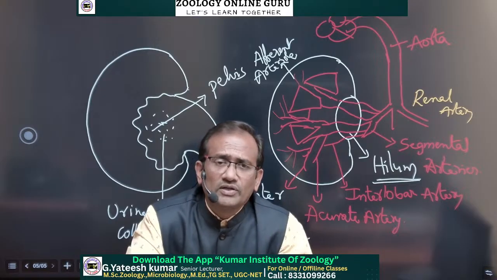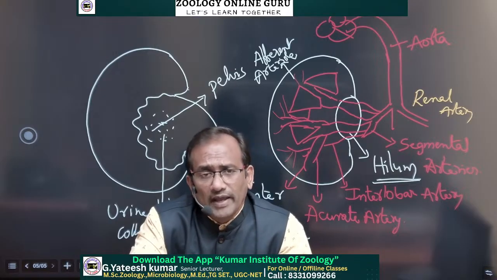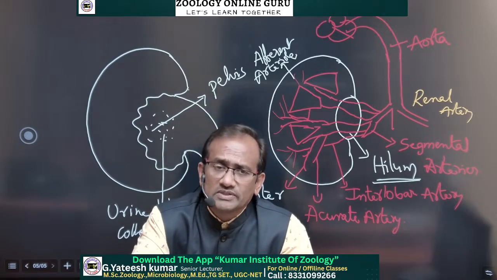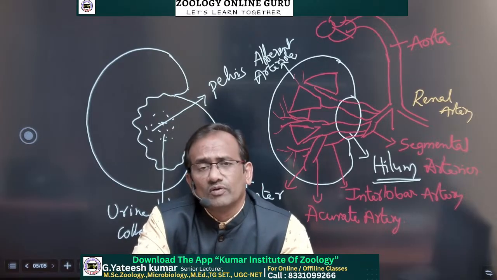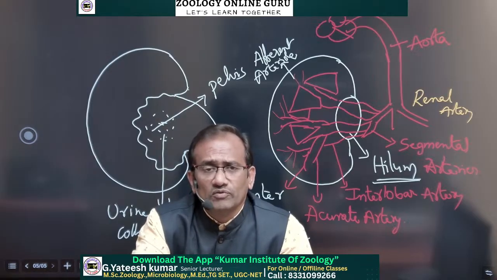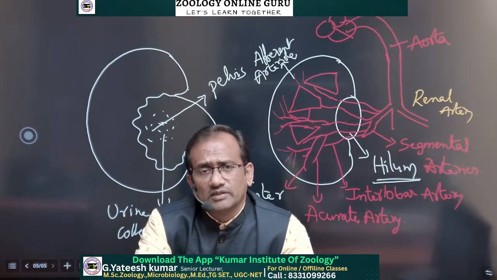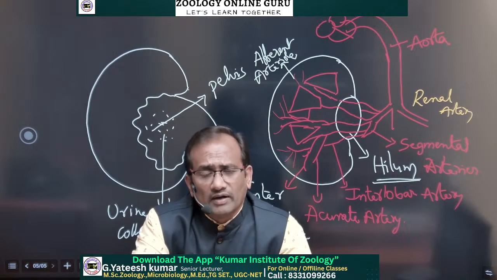These afferent arterioles make a glomerulus inside the Bowman's capsule of the nephron. We will discuss that within a few minutes. So the afferent arteriole is the ending part of the arteries.